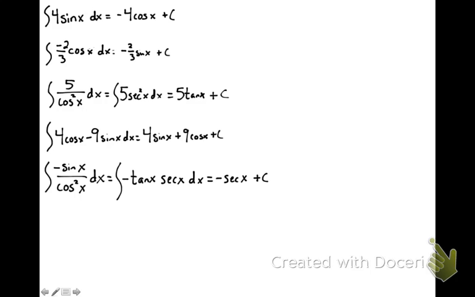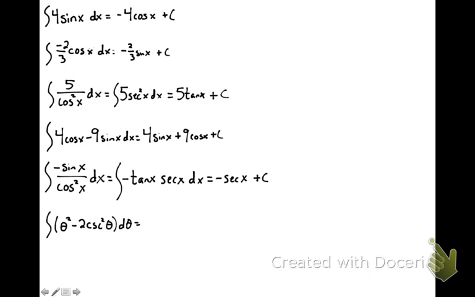Finally, I'm being asked to integrate theta squared minus 2 cosecant squared theta. And instead of with respect to x, we're integrating with respect to theta, so theta is my variable.